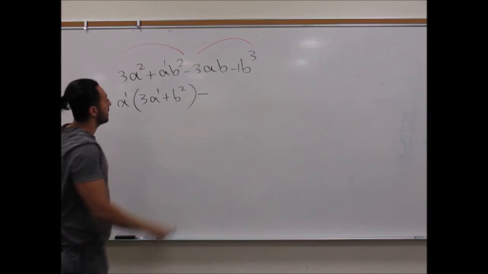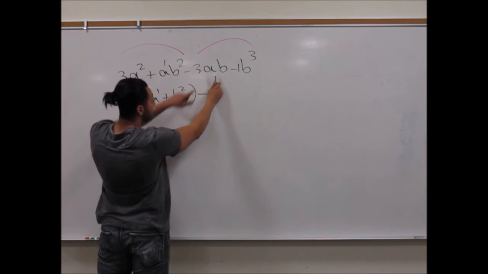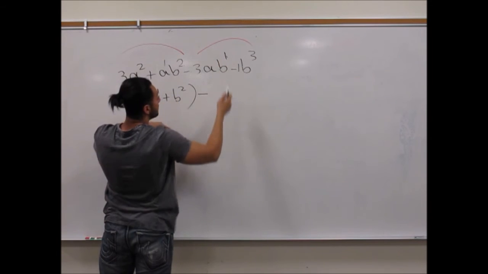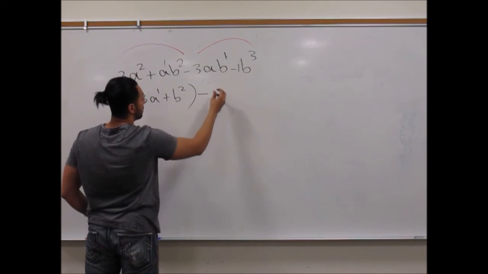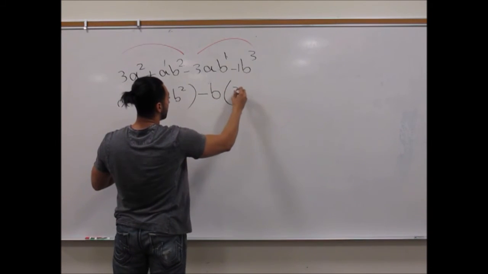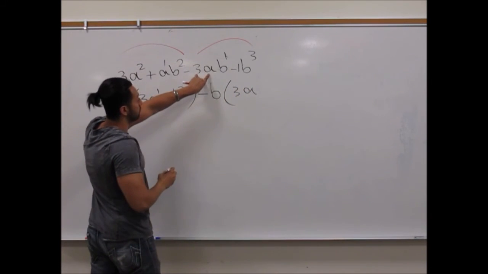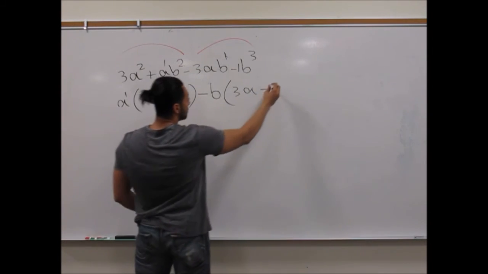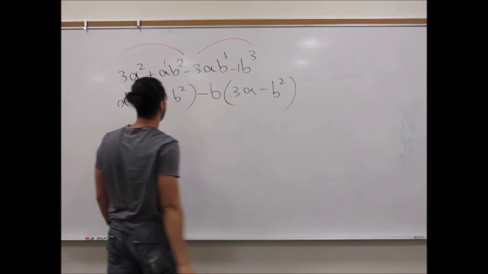The constants. And then as far as the a goes, there's not an a term here, so I'm not going to factor out an a. But as far as the b's, the lowest exponent is b to the first power. So I'm going to factor out a negative b. Doing that, I get 3a. What's left over when I pull out the b? There's 3 b's and I pulled out 1, so there's going to be 2 left.